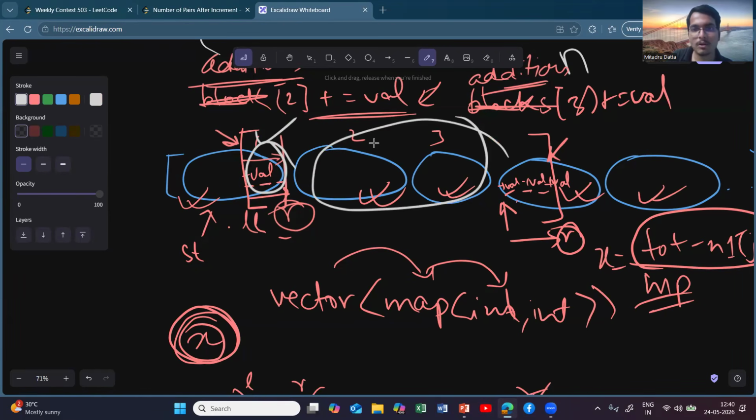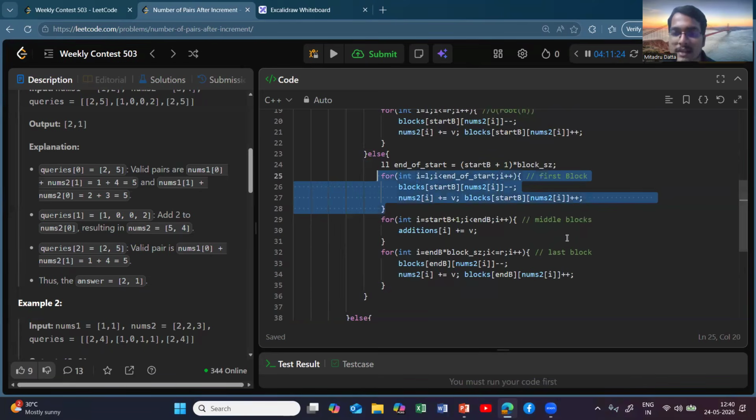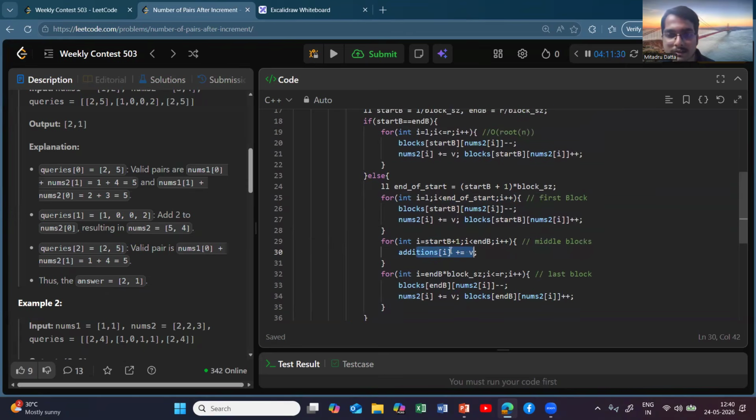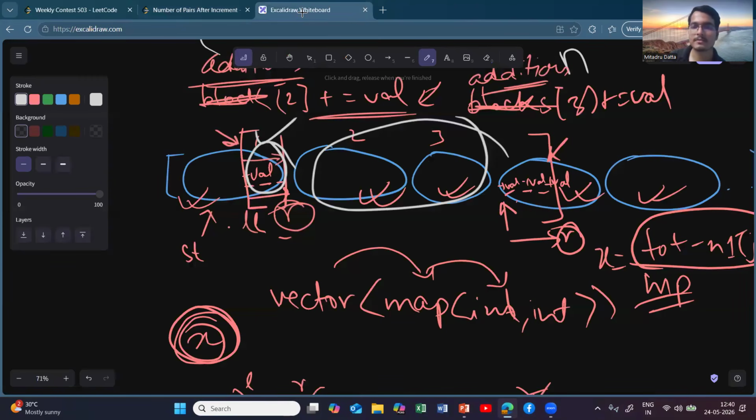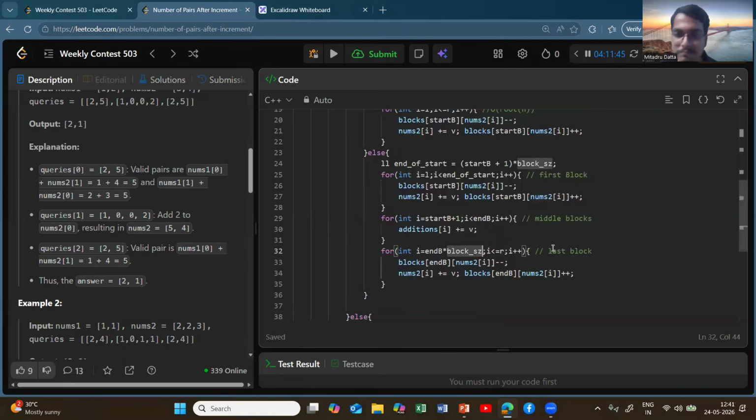Now we will process all the middle blocks. How will we process that? You just iterate through the blocks. Additions you do plus equals v. This additions of i tells you that in block number i, all the values are added by this. Now you have also processed this one. The last one you need to process is very simple.